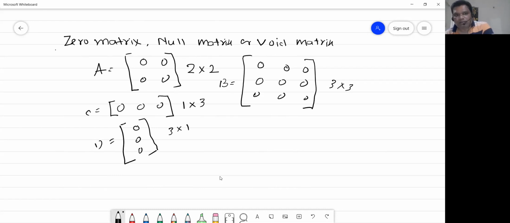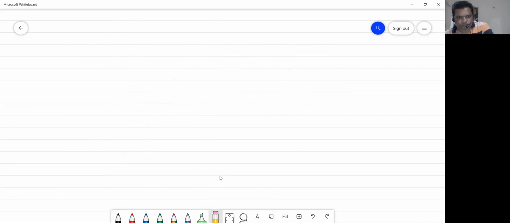Similarly, we'll define a matrix called scalar matrix. Before scalar matrix, we'll define a diagonal matrix. So I'll write the diagonal matrix. What is a diagonal matrix?